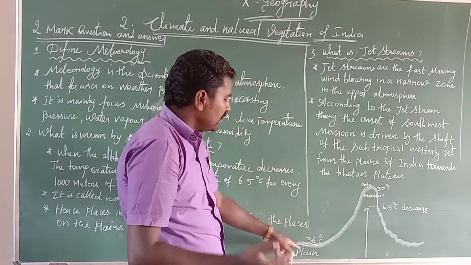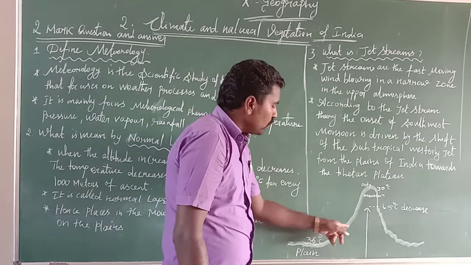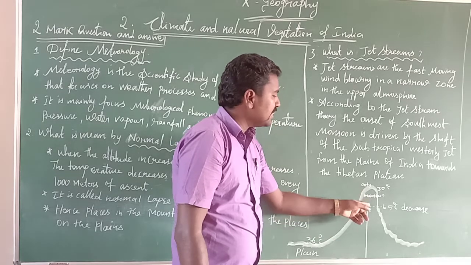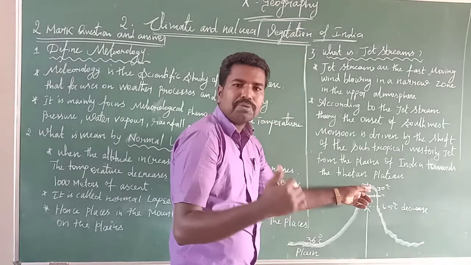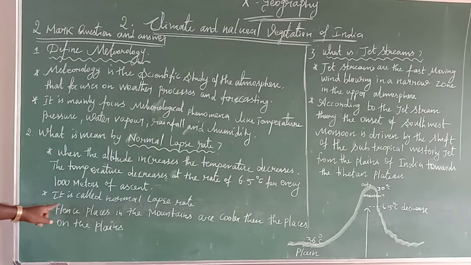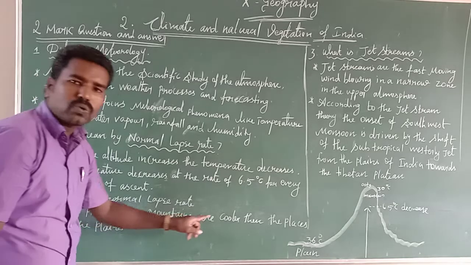Say for example, in your places you experience 36 degrees. If you go to Ooty, Kodaikanal, Coonoor or any other mountain region, the temperature decreases by about 6 degrees for every 1000 meters of ascent. That is the normal lapse rate. Hence the places in the mountains are cooler.